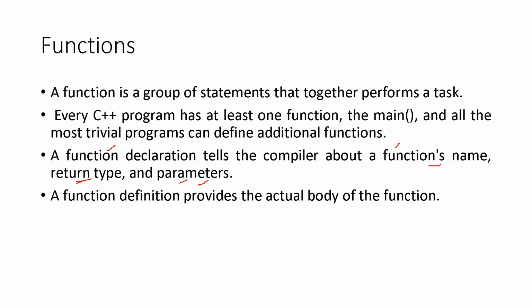A function definition provides the actual body of the function. Declaration tells the name, return type and parameters. Definition provides the actual body of the function. That is, it defines the function in detail. Declaration is just telling it, and definition is the expansion of that.